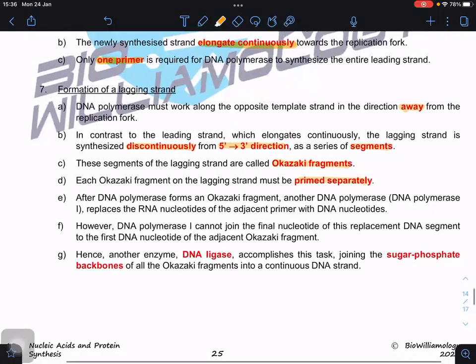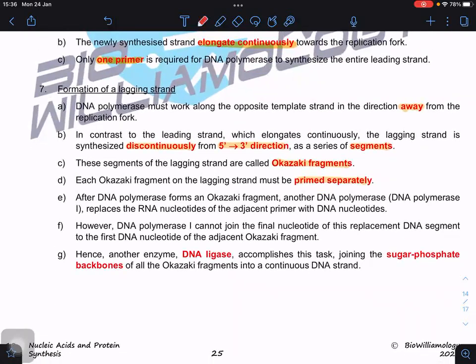Now, E, no need to worry. E is just for information only. After DNA polymerase forms an Okazaki fragment, another DNA polymerase replaces the RNA nucleotides of the adjacent primer with DNA nucleotides. Okay, but it cannot join together.